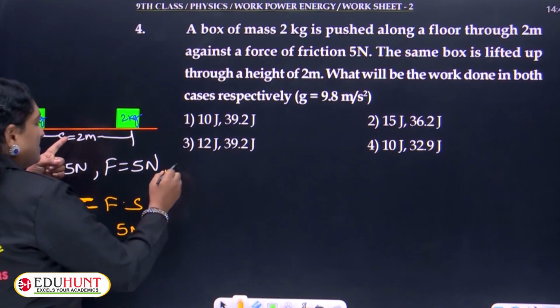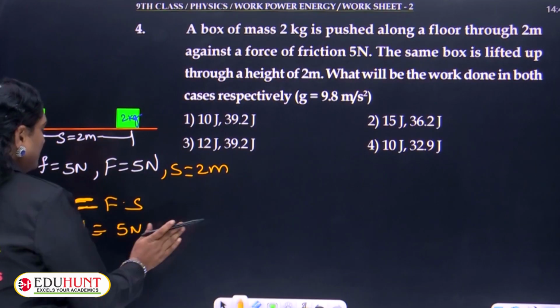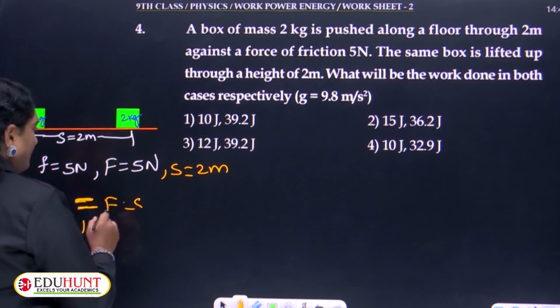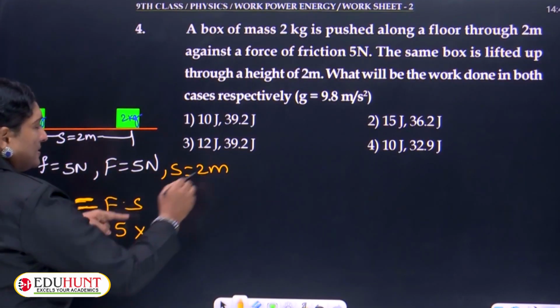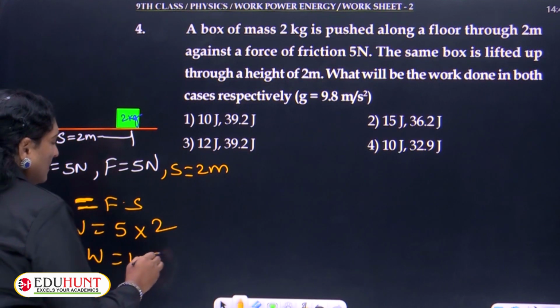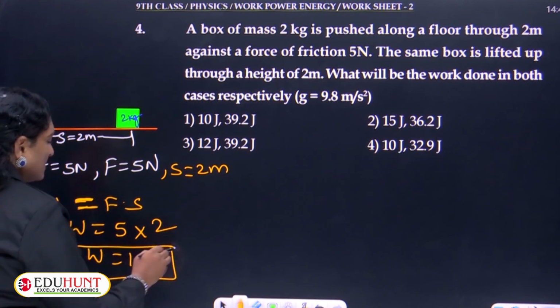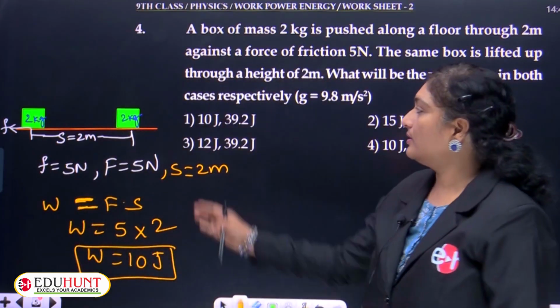And what is the distance moved? S is equal to 2 meters. So W is equal to force 5 Newton multiplied by the distance 2 meters. Hence 10 joules of work is done in pushing the block along the floor.